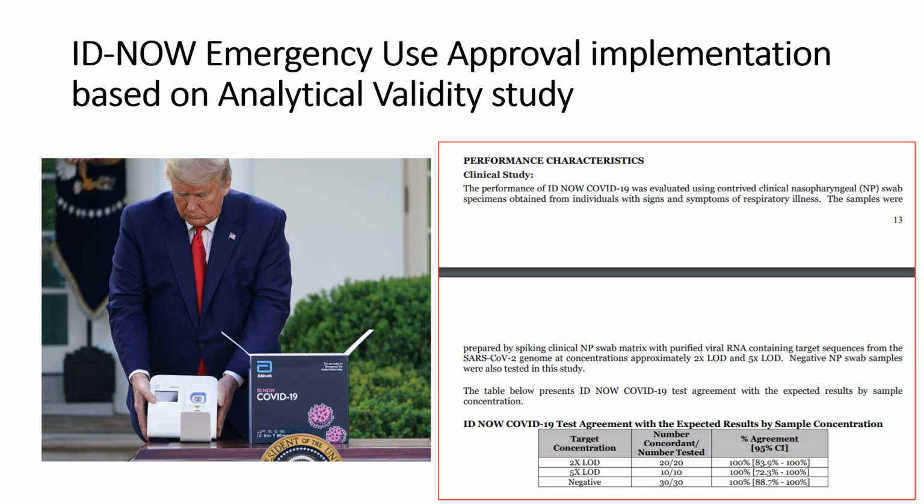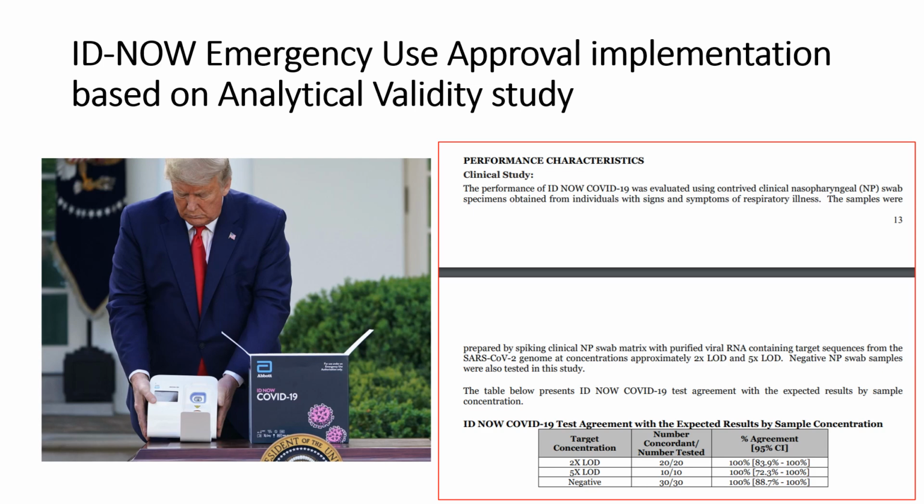So the table here is from the instructions for use leaflet for this test from the EUA document, and here it shows us that there's 30 samples which were positive. They were spiked samples, and there were 30 samples which were negative, and in the study every single one of those was correctly identified by the ID Now test.